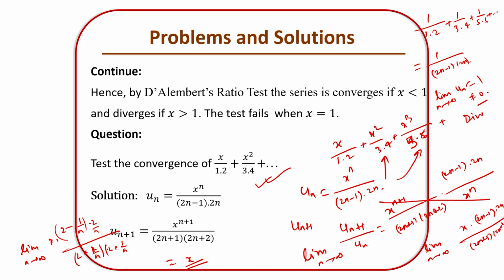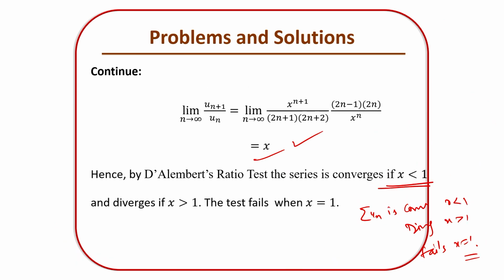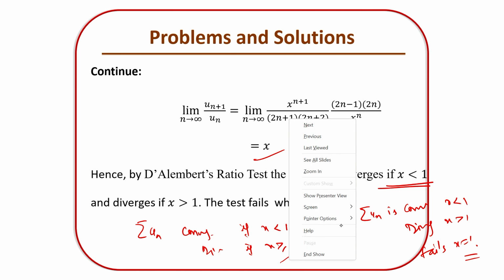So this series is divergent at x equal to 1. So we can conclude that the whole series u_n is convergent if x is less than 1 and divergent if x is greater than or equal to 1. So this is the theorem, right?